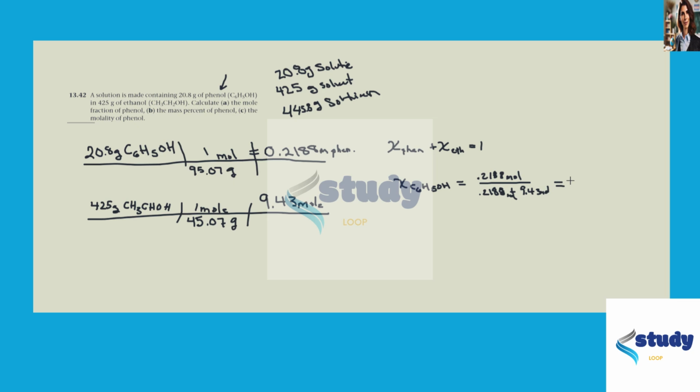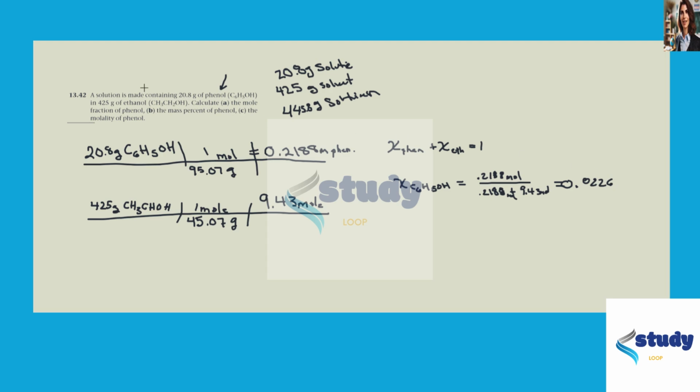All right, let's put that in our calculator and find out what we get. 0.2188 divided by 0.2188 plus the 9.43 gives us a mole fraction of 0.0226.